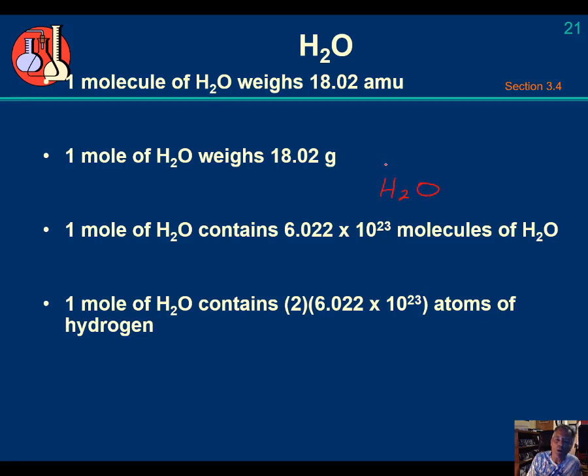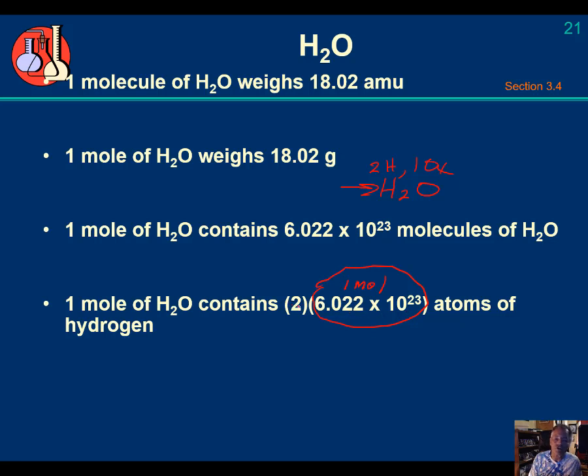H2O, 2 parts hydrogen, 1 part oxygen. Whether or not we're talking about a single molecule of the stuff, or if we're talking about moles of the stuff, remember, 1 mole of anything is equivalent to this number of whatever it is that you're talking about. 6.022 times 10 to the 23rd.